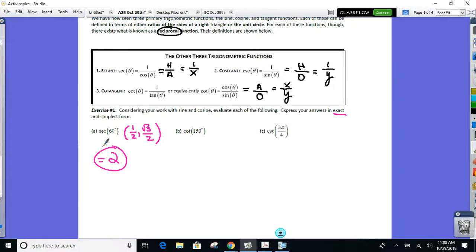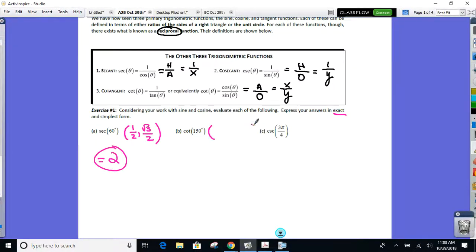Anything right now before we get to the next one? All right, let's go. 150. Ooh, I do not know that point on the unit circle, but I do know what? The reference angle is 30, right?